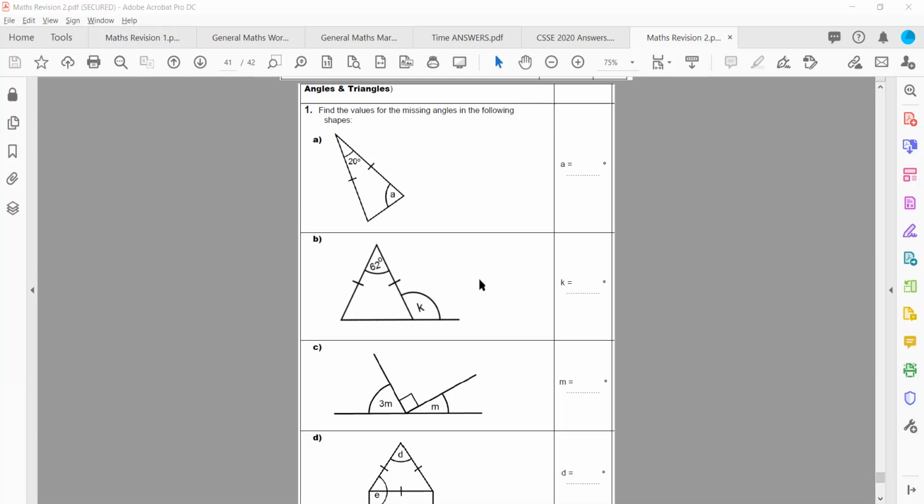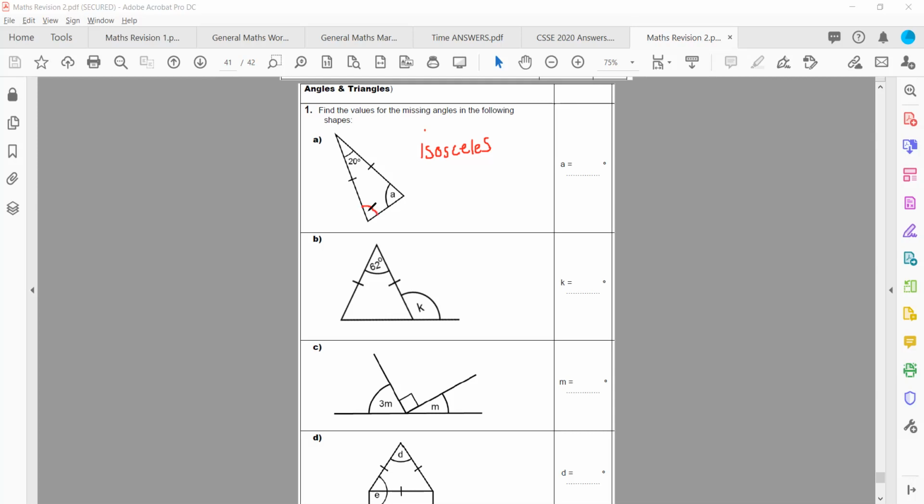There are lots of different ways they can test your angle knowledge. Okay, so let's have a look at this first one here. These 2 lines tell us that these 2 sides are equal. Therefore, this is an isosceles triangle. So it's an isosceles triangle, 2 equal sides, it will have 2 equal angles. The 2 equal angles are always at the bottom of the equal sides.